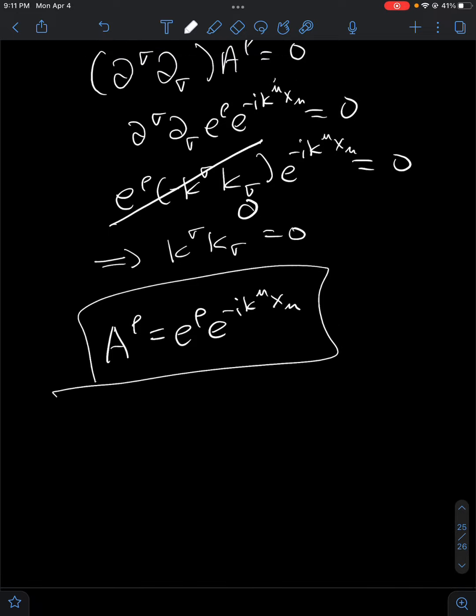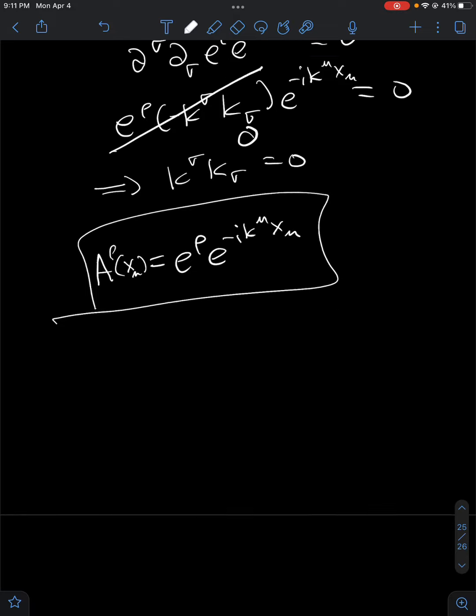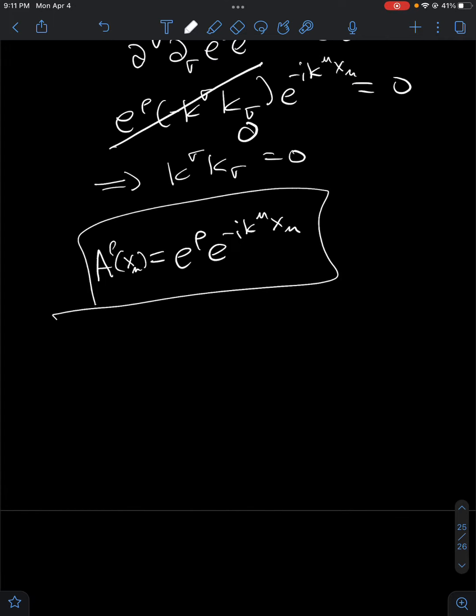Technically speaking, we're done. We just solved it right now. This should be a function of x, by the way, or a function of space-time events. So we're done. This is our answer. And in the next video, we will actually be talking about constraints on the polarization vector.